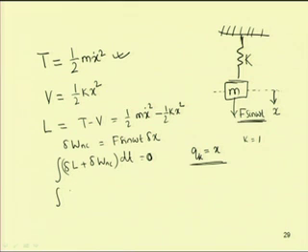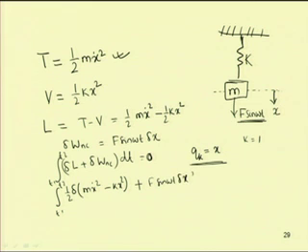To derive the equation of motion, I can substitute this. So, the integral from T1 to T2 of half m x dot square minus k x square represents del L. I can use the del operator here, plus F sin omega t delta x, into dt, and this should be equal to 0.